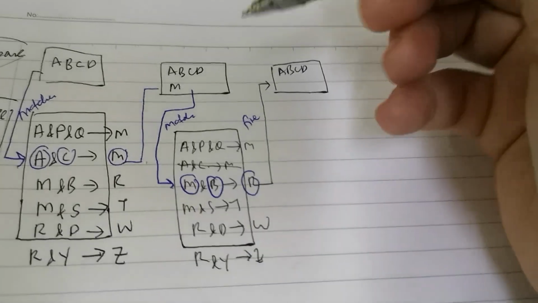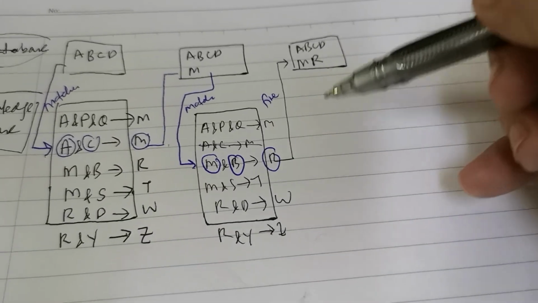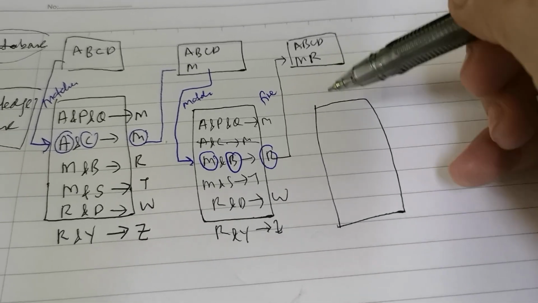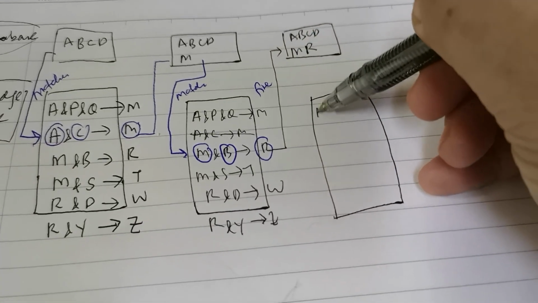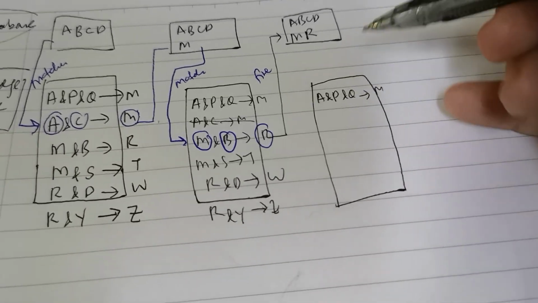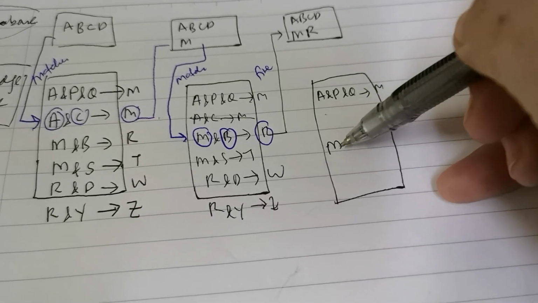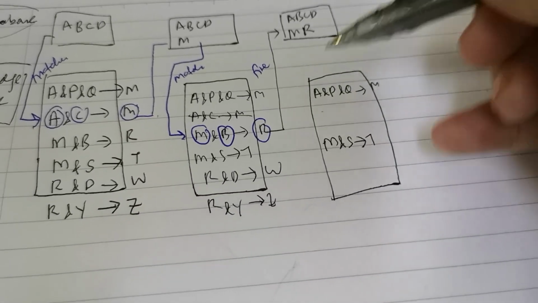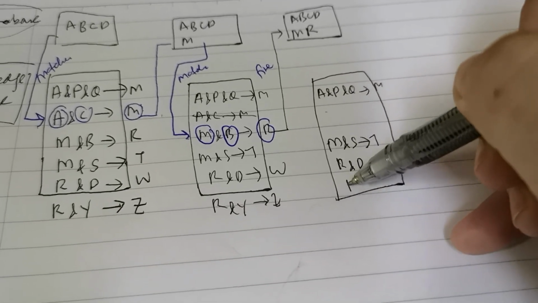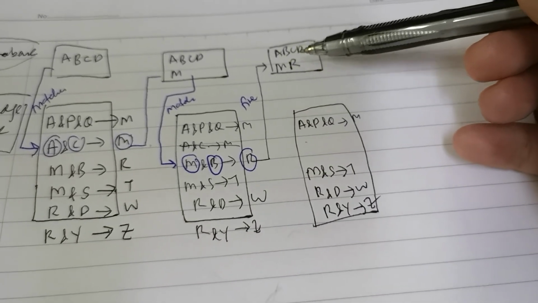Just now you had M, now you are putting in R. This one is done. Let me rewrite the ones not yet done. Now you have A, B, C, D, M, R.